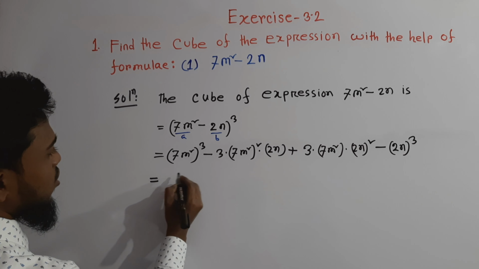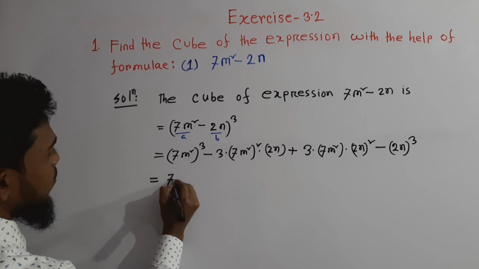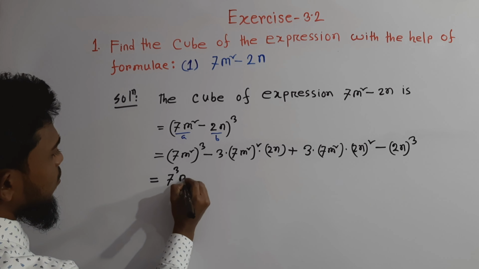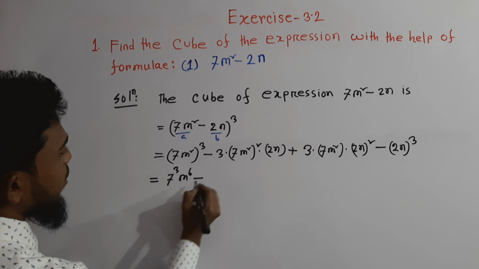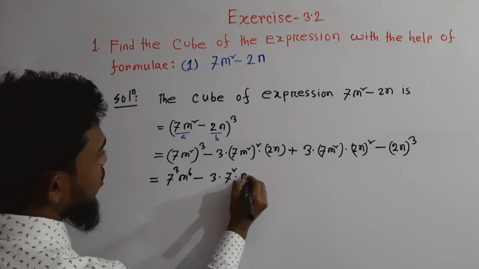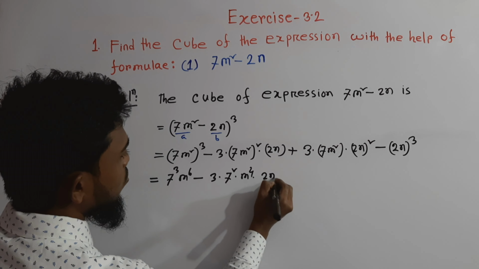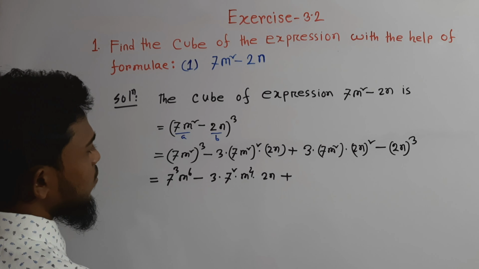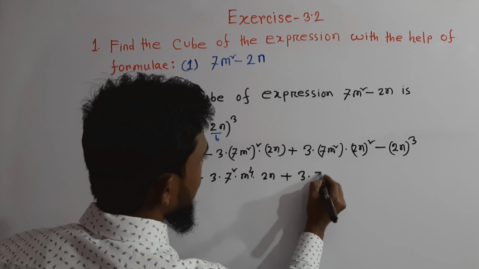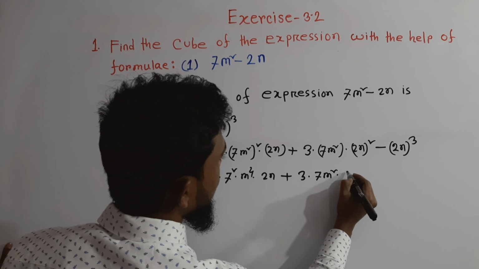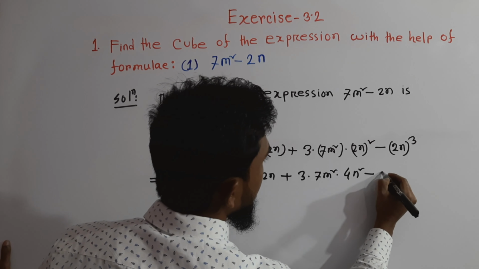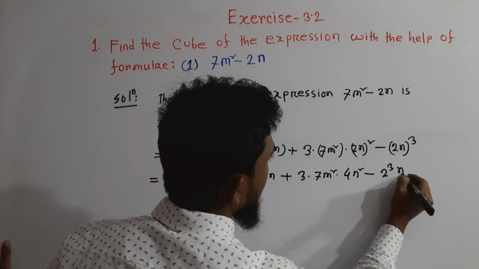Now simplify this expression, we can write 7 cube m power 6 minus 3 into 7 square m power 4 into 2n plus 3 into 7m square into 4n square minus 2 cube n cube.